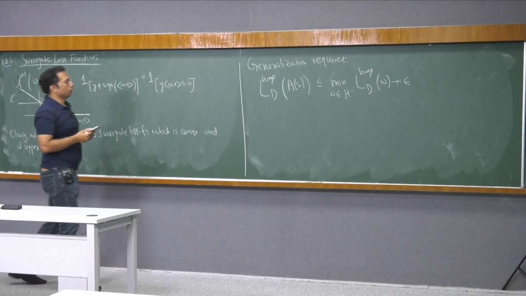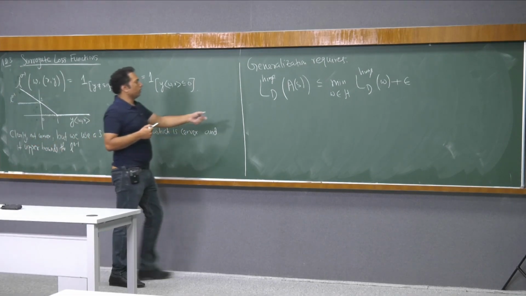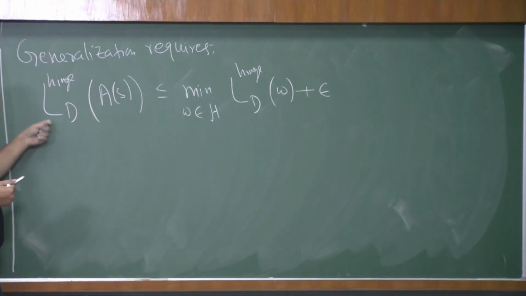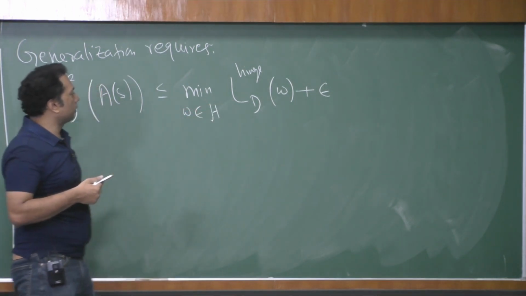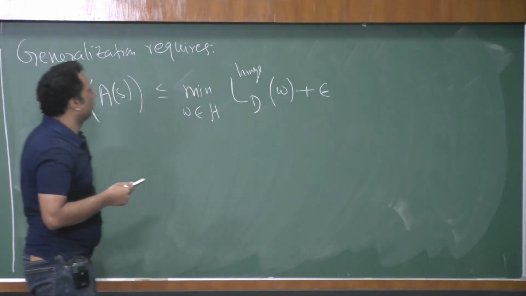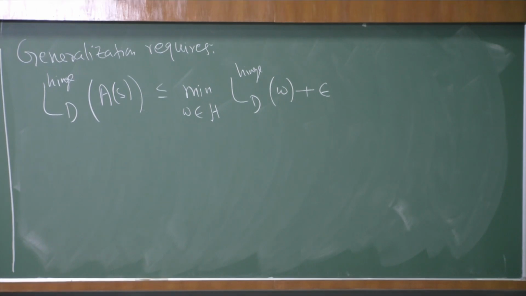So this is what generalization means: I come up with an algorithm which trains on a given sample, and then I check the total error made also on new data which it has not seen. This error is not far from the actual error, the ideal hypothesis, compared to what you see in the training. They should be close, meaning bounded by epsilon.